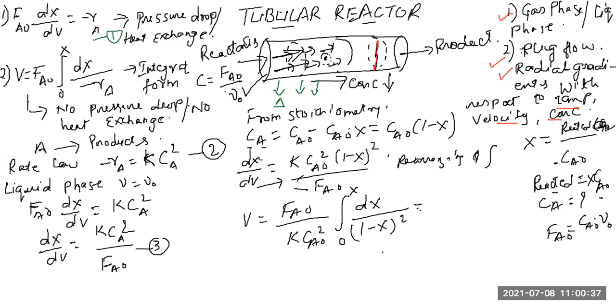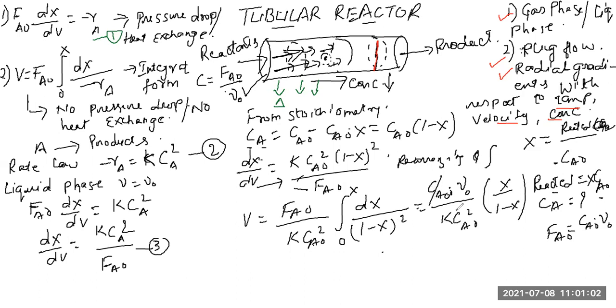So when you put it here, it will become Ca0 dot nu 0 divided by k Ca0 square, right? And when you solve this integral, you will get x upon 1 minus x.